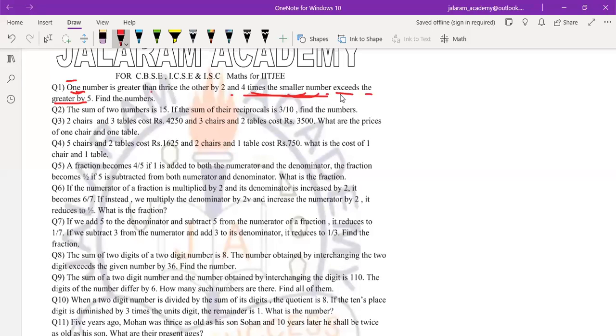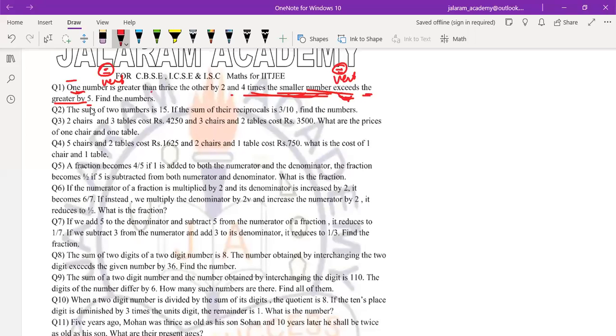Wherever there is a verb like "is" or "exceeds", we use the equals to sign. In place of that verb, we always use equals to. Exceeds means equals to, and you know that exceed means plus. So keep this plus in your mind; we will use it further at the end.